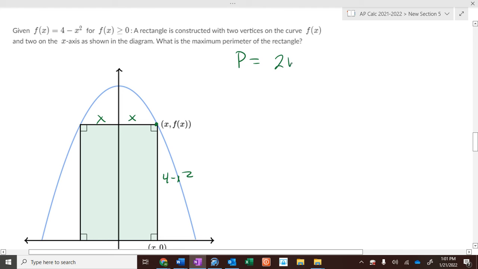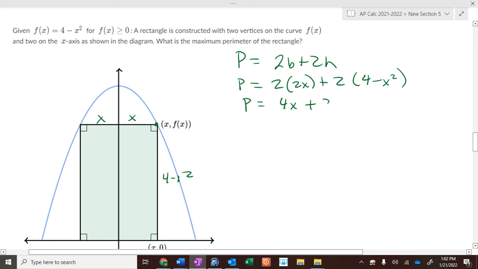Perimeter is 2 times the base plus 2 times the height, right? So if we want to maximize the perimeter, it's 2 times 2x plus 2 times 4 minus x squared. Okay? So the perimeter is 4x plus 8 minus 2x squared, correct?